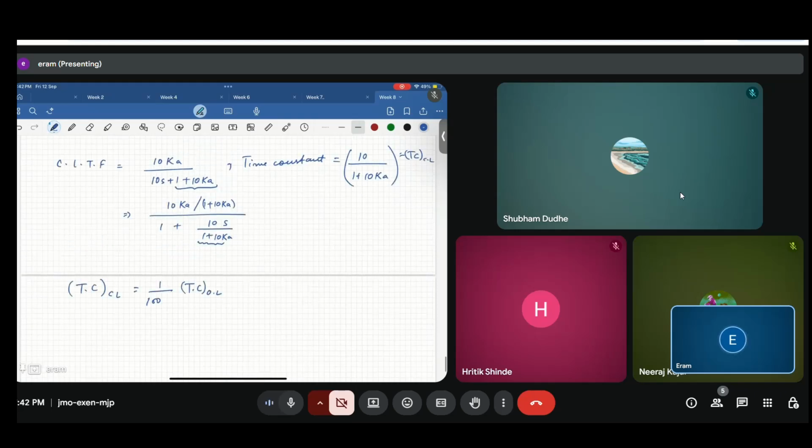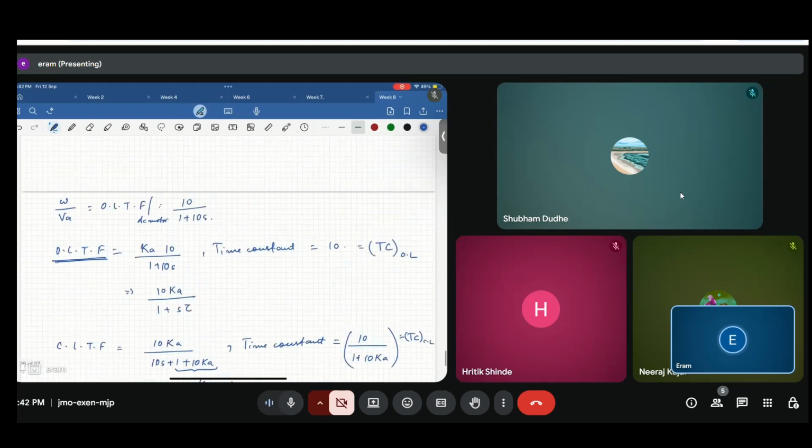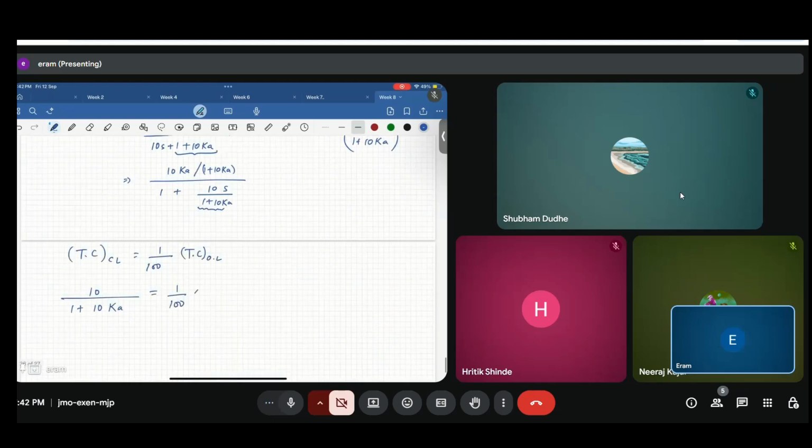Now we just have to put the expression and calculate. What was the time constant of open loop transfer function? It was 10. Okay, so these will cancel out. We have 100 equals 1 plus 10 Ka. Now what will be Ka? 99 divided by 10, which is 9.9.